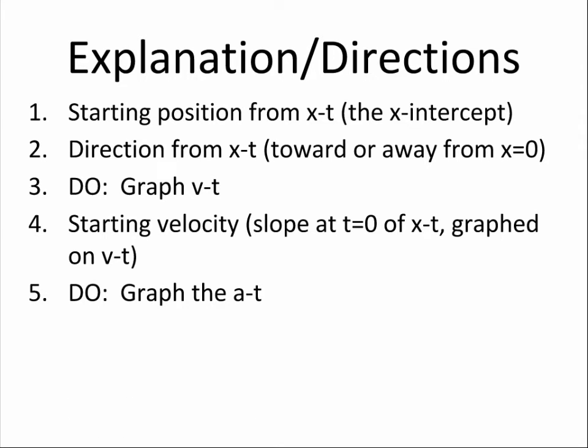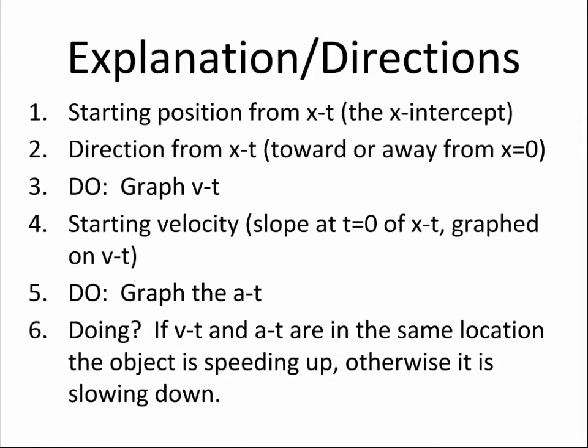Then you're going to draw an AT from the VT. Then you're going to identify what it's doing. If the VT and the AT are in the same location, meaning on top or on the bottom of their particular graphs, the object is speeding up. If they're not in the same location, it's slowing down.